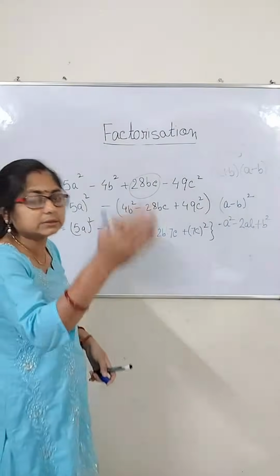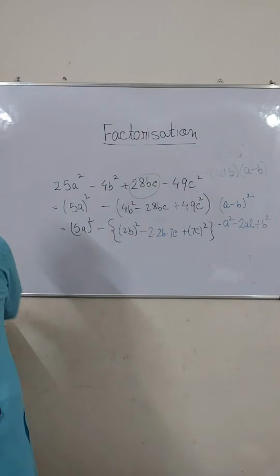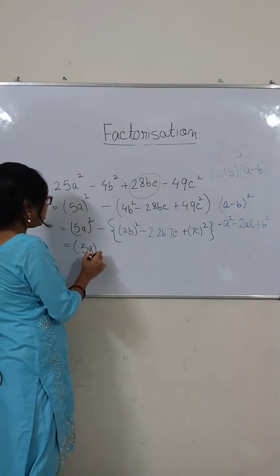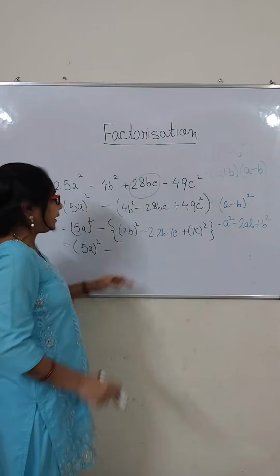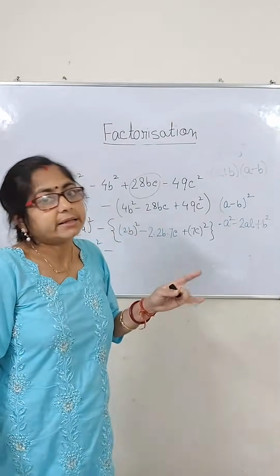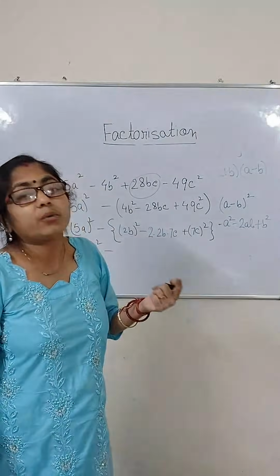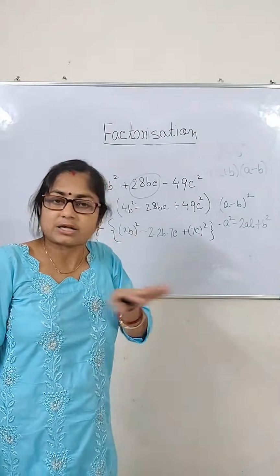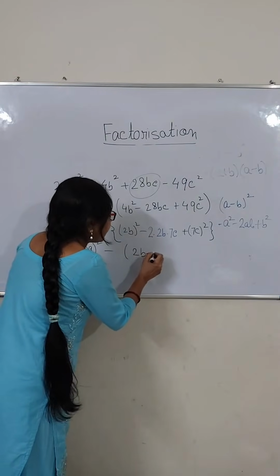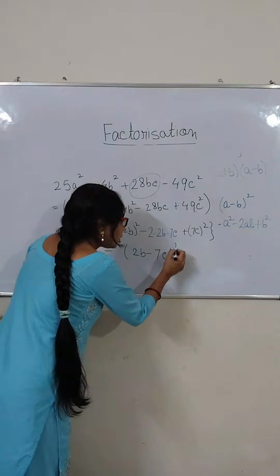Then what is the third line? First 5a whole square, no problem. Now, when before the second term there is a plus sign, then it is a plus b whole square, and when there is a minus sign, a minus b whole square. So I am writing 2b minus 7c whole square.